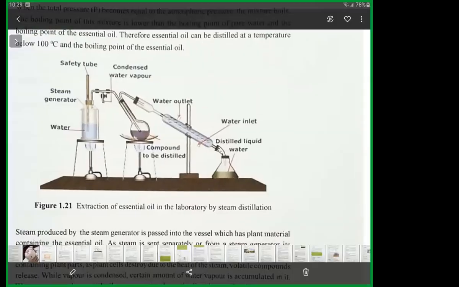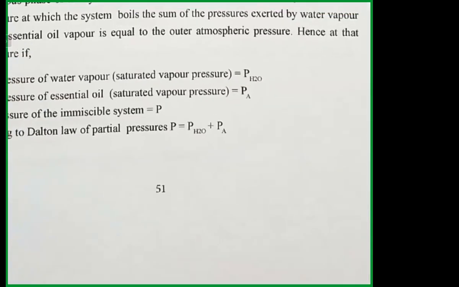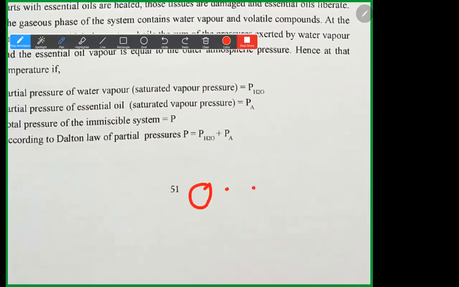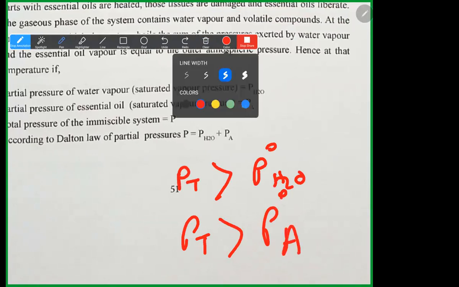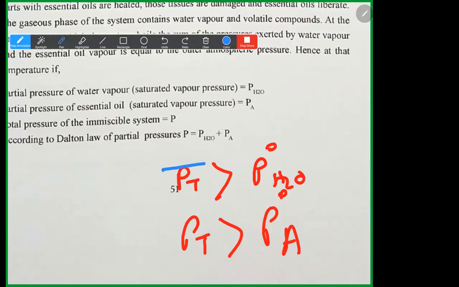The other principle you should know is that the total pressure is always greater than P naught H2O, and PT is always greater than P naught A. Then, if you go with T naught of this T naught H2O, it is the other way around. The total mixture has a lower boiling point.